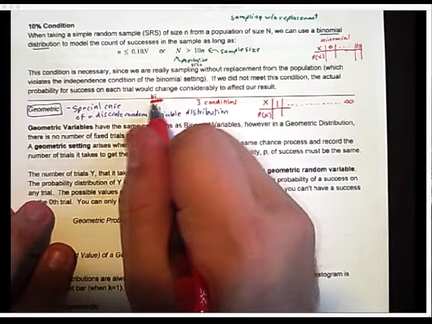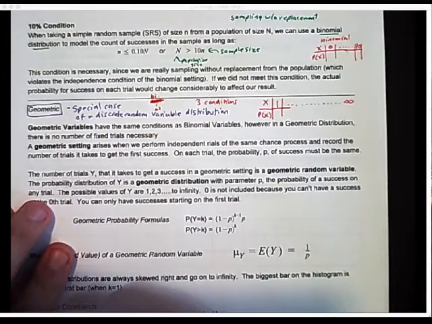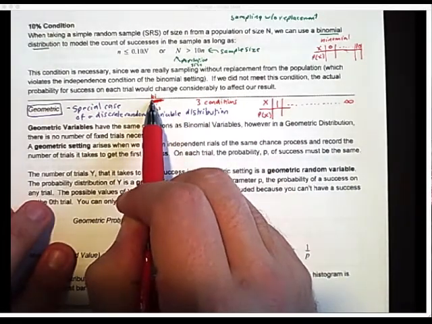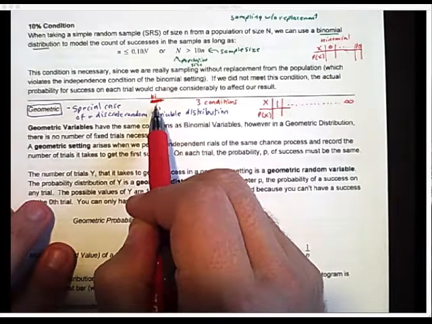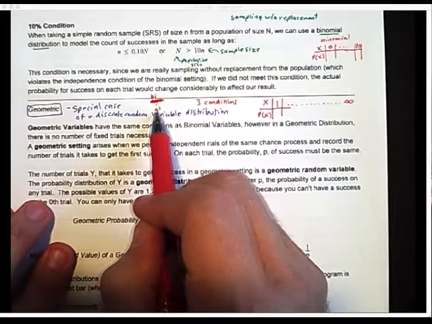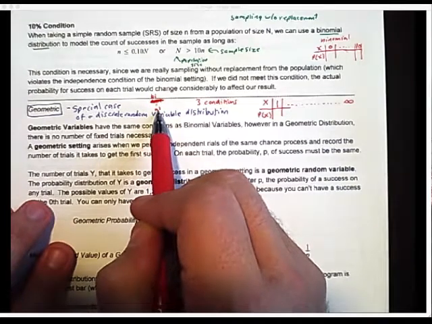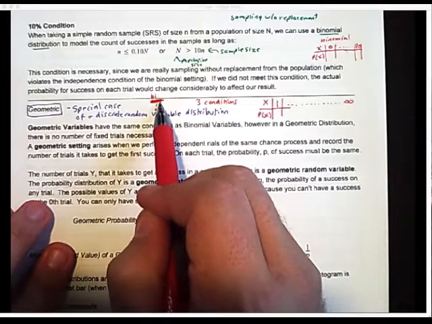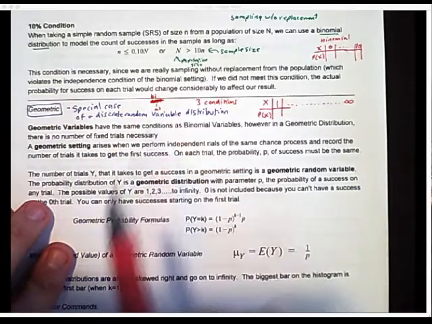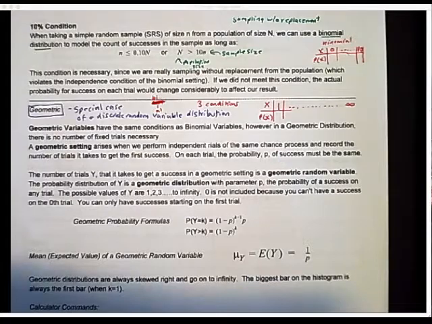There's no more fixed number of trials. You still have success or failure, that's one of the conditions. Each trial has to be independent, that's still one of the conditions. And all trials have to have the same probability of success. So it does have those 3 conditions, but the fixed number of trials is now out.